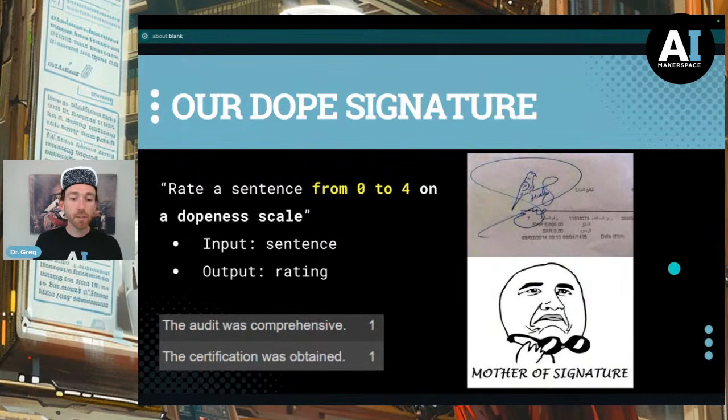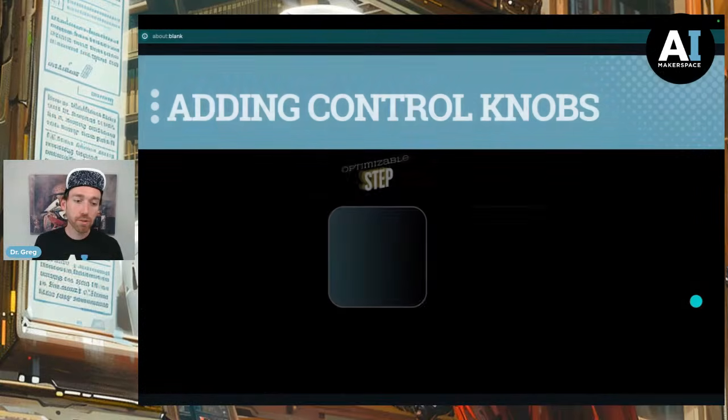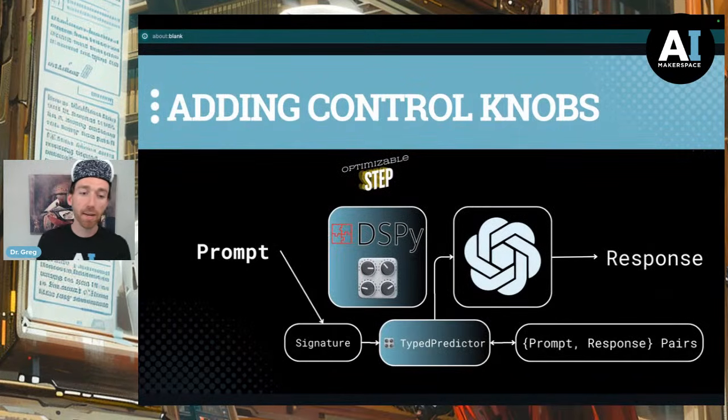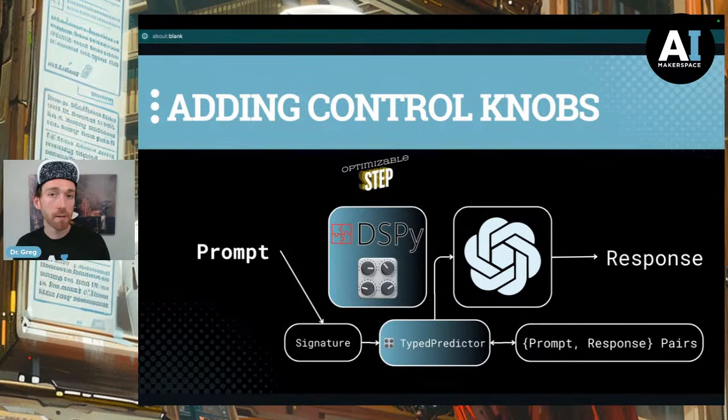What we want to do is add these control knobs. And we're going to break up this DSPy into two pieces. Instead of going into this DSPy, let's break it down. We're going to go into our signature, and then we're going to have the tool that we pull out of our DSPy toolbox called Typed Predictor.